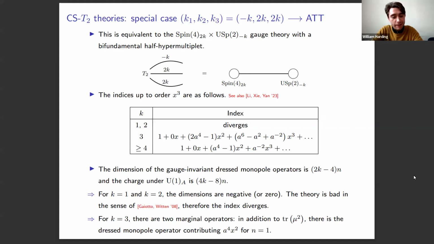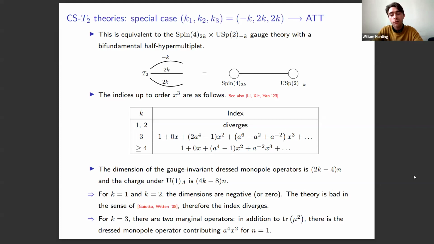So let us consider the case k equal to 3. Now, in this case, you can see that there are two marginal operators corresponding to the positive contribution appearing at order x squared. One of them is trace of mu squared, which is due to the zero flux sector, if you recall.